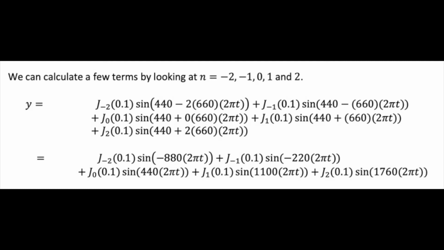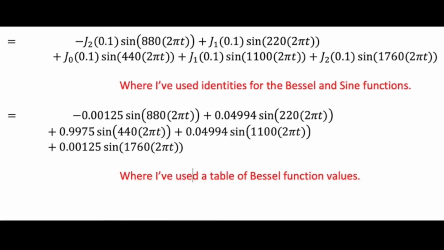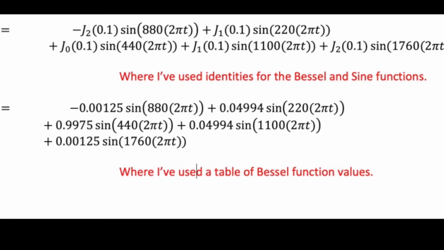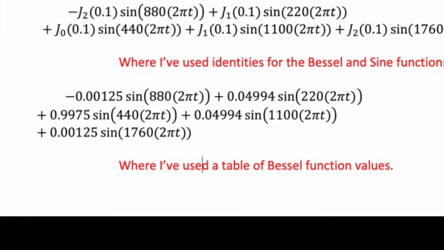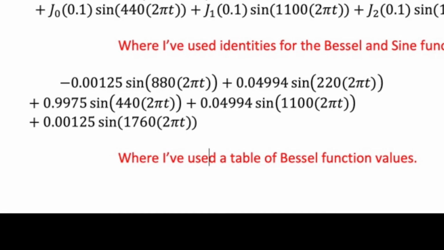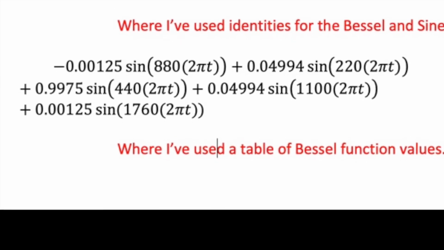First, I can just plug in the numbers, and then I'll need to use some identities for sine and for the Bessel functions. And what we get for those values of n is that our modulated wave has these components: negative 0.00125 sine of 880 times 2 pi t plus 0.04994 sine of 220 times 2 pi t plus 0.9975 sine of 440 times 2 pi t plus 0.04994 sine of 1100 2 pi t plus 0.00125 sine of 1760 2 pi t.